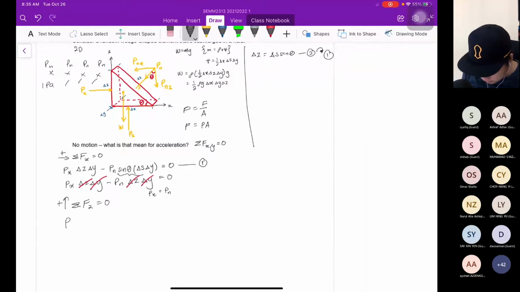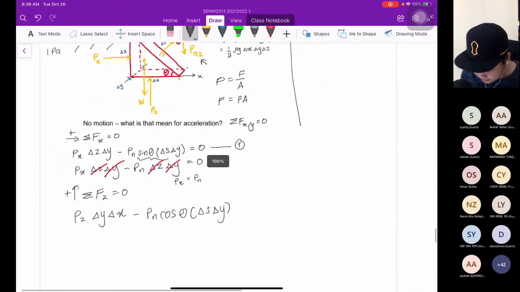So Pz positive multiplied with the area, which is delta Y and delta X. And then we have the force from the normal, which is minus, facing downward. So Pn cos theta delta S delta Y. And then minus the weight.